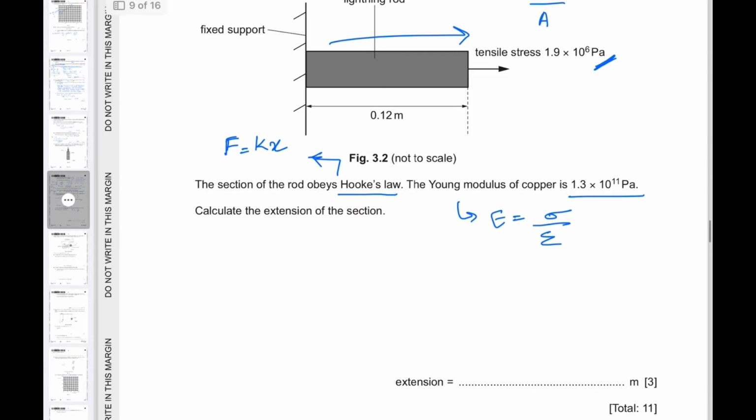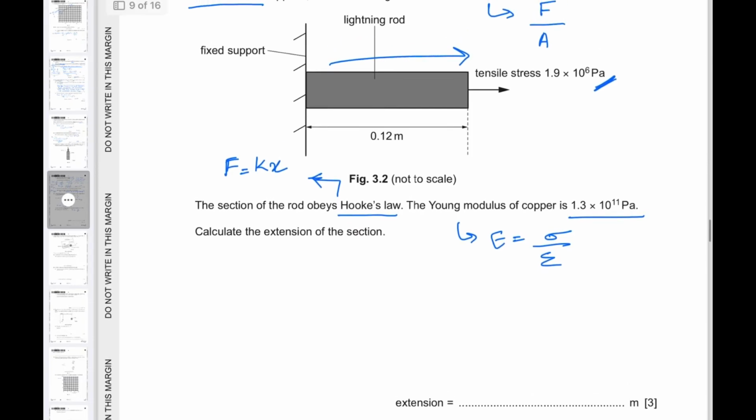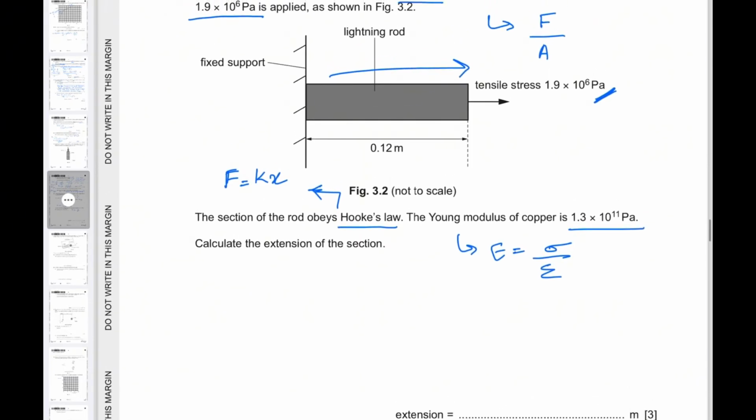Calculate the extension of the section. Alright, this is a 3-mark answer. Let's see where in all of these the information provided we can find the extension. Since we are not given the spring constant, we will most likely not use this formula.